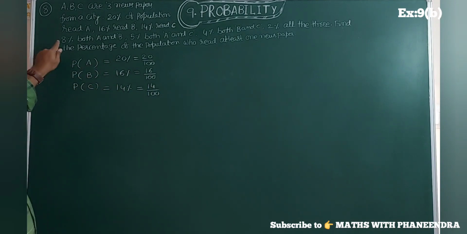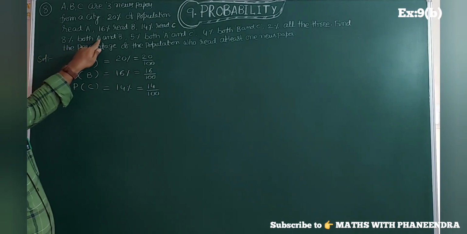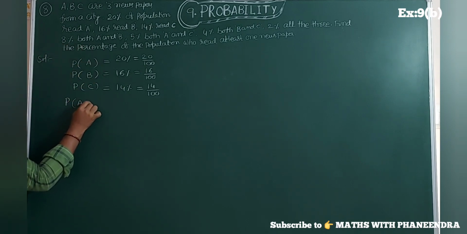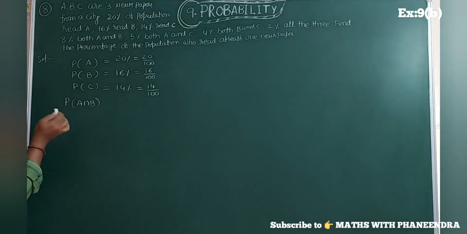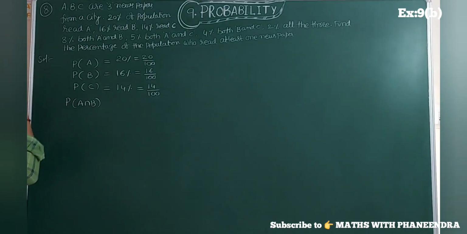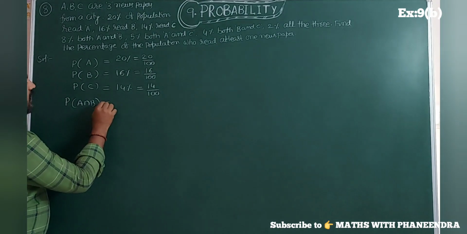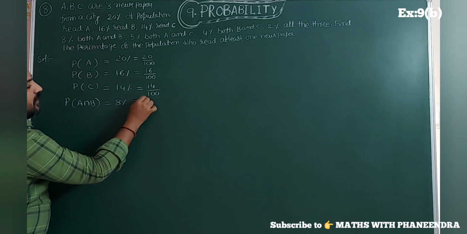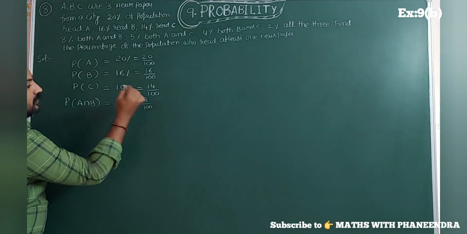Next, 8% read both A and B, so P of A intersection B is 8 by 100.